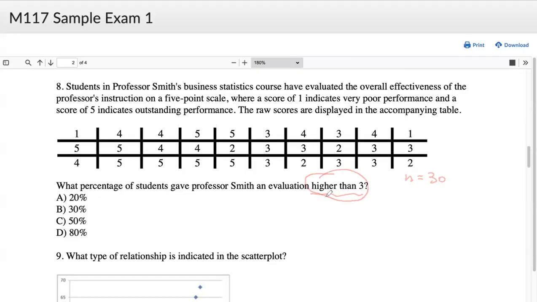Well, this could be changed, right? Higher than 3, so which is 4 and 5. Just calculate 4 and 5. 1, 2, 3, 4, 5, 6, 7, 8, 9, 10, 11, 12, 13, 14, 15. So which is 15 out of 30, which is half, which is 50%, which is C, right?